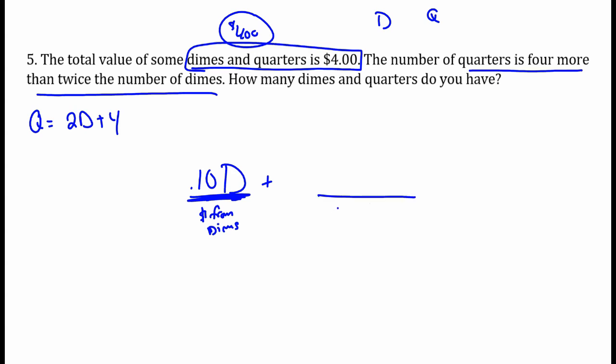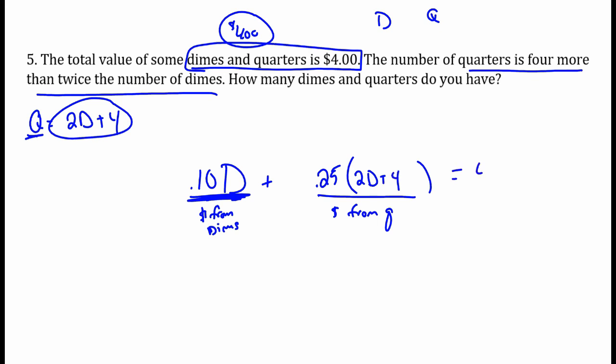Now let's do money from quarters. They cost 25 cents. And what is quarters? I'm just going to put Q. That's quarters. And it equals $4. And I can use money here because that's money and that's money.